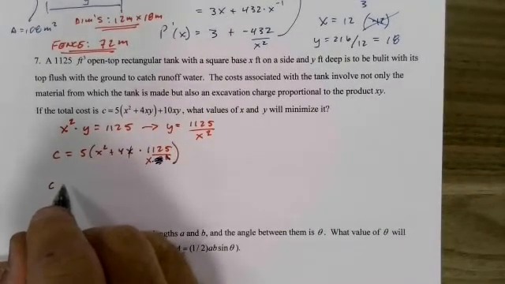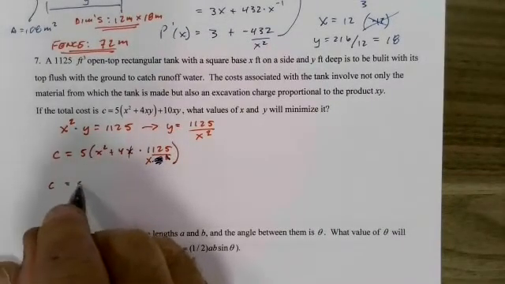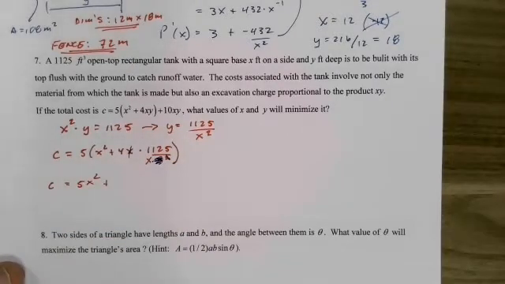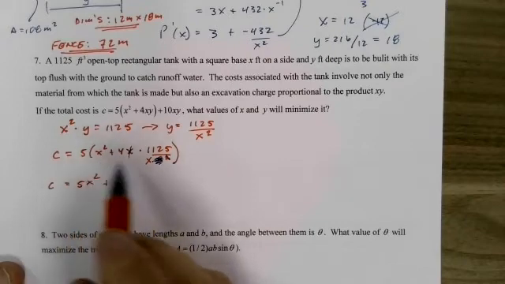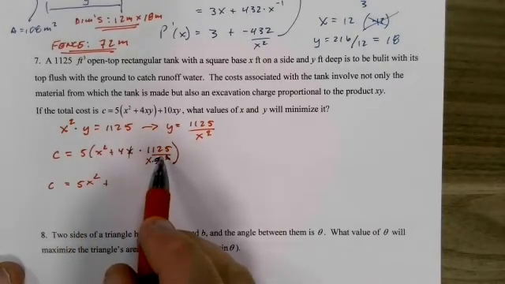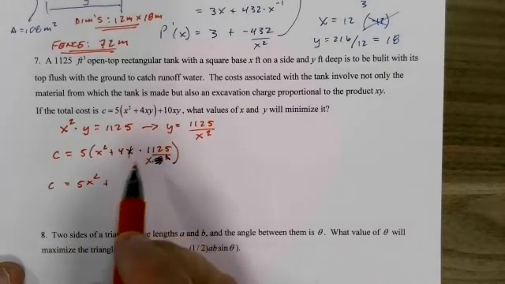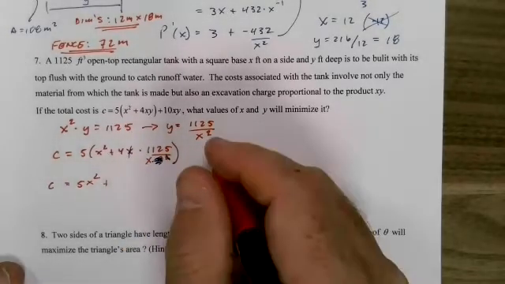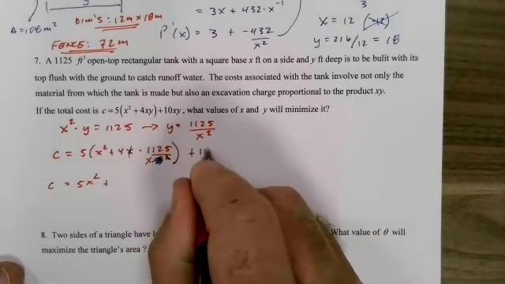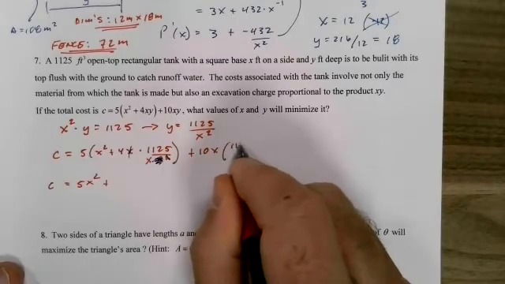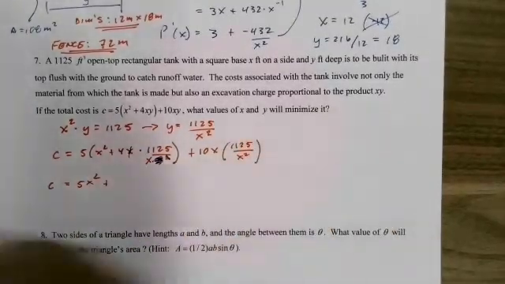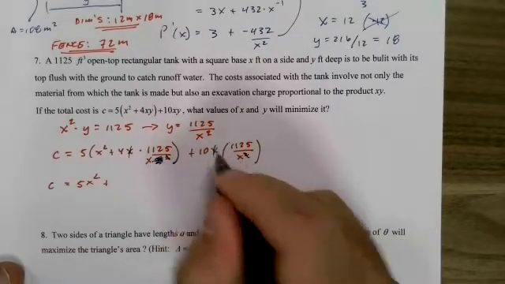So C equals 5x squared plus 5 times 4 is 20, which is 10, which is 11,250 doubled. I forgot the last part of my equation. Plus 10x times 225 over x squared. Very upsetting. Trying to go too fast. Never go fast.